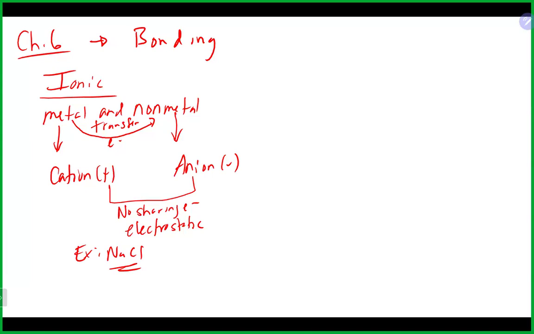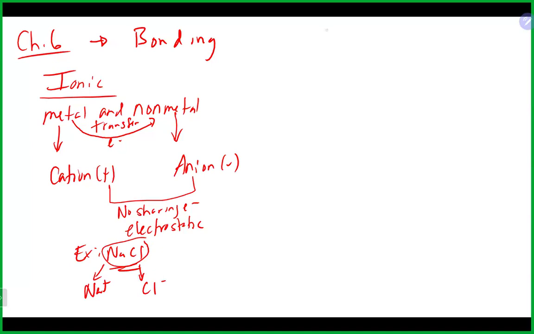Remember, as we talked about when we did naming, when we write the formula for anything that is ionic, the formula for the ionic compound itself does not have a charge. We want it to equal 0 when you put the positives and negatives together. But they are made up of two things that do have charges. Again, this is made up of a sodium ion and a chloride ion. When we put them together, the simplest way to get to 0 is how we write our ionic formulas, as we talked about.